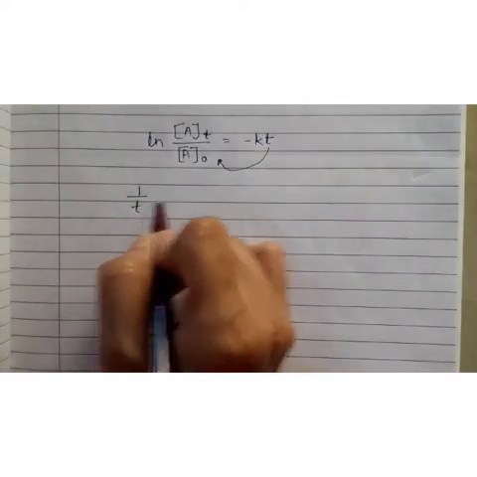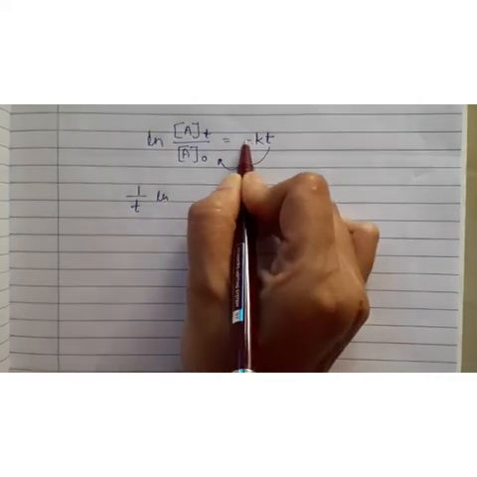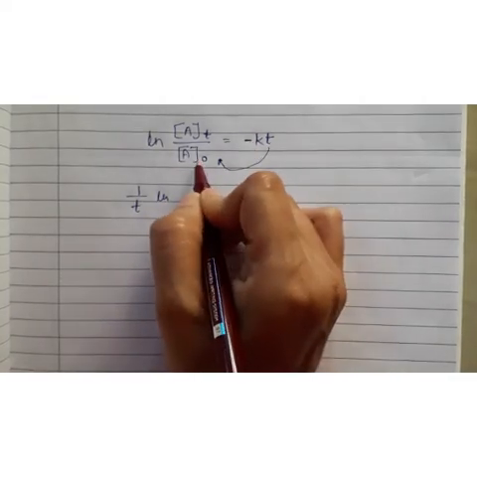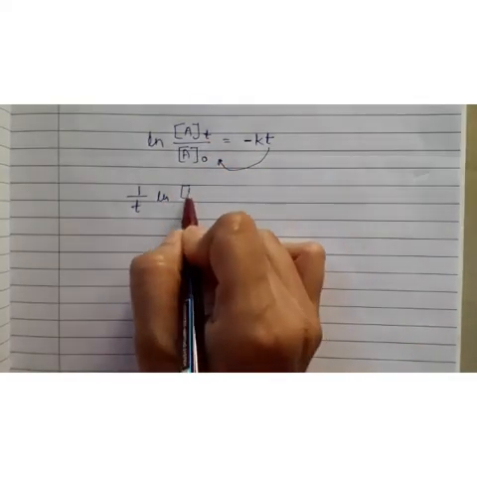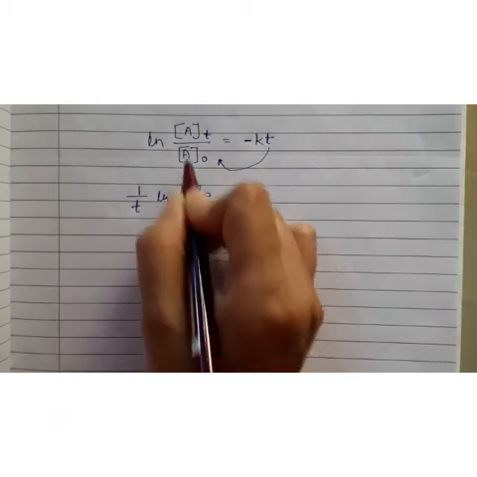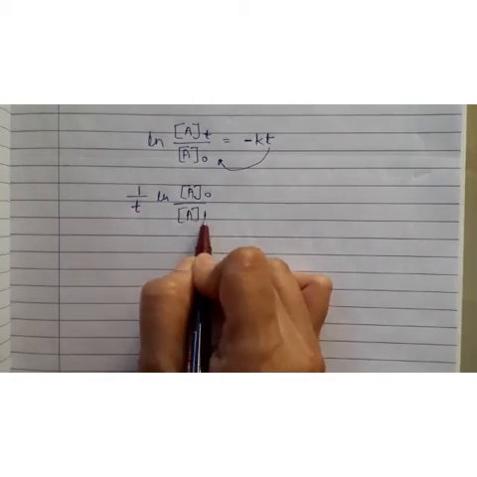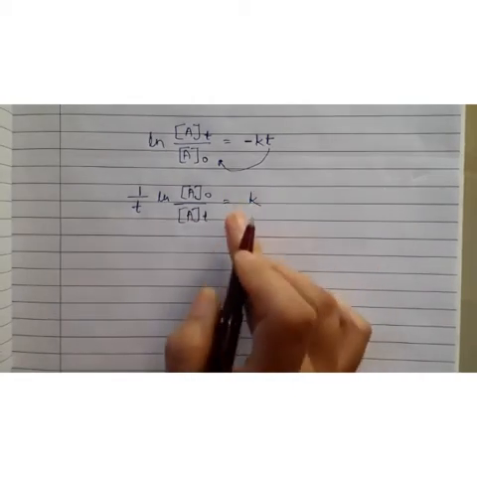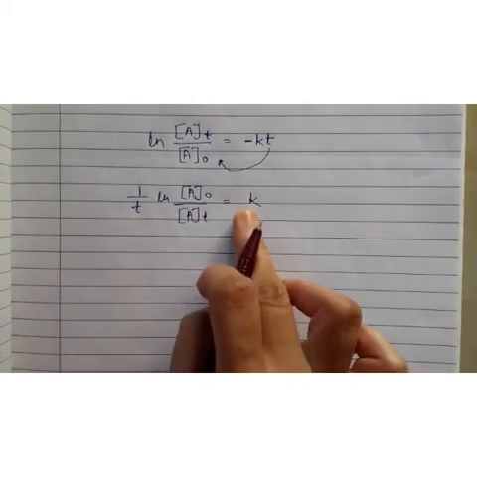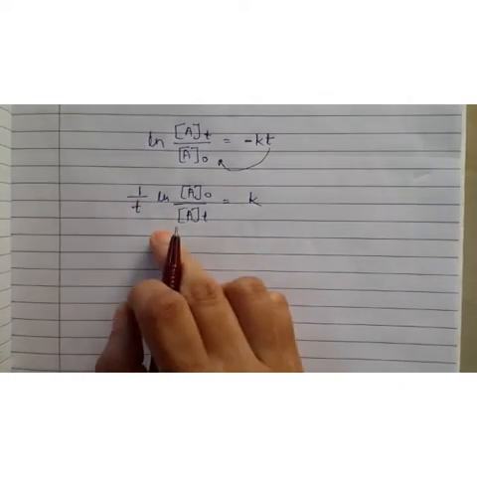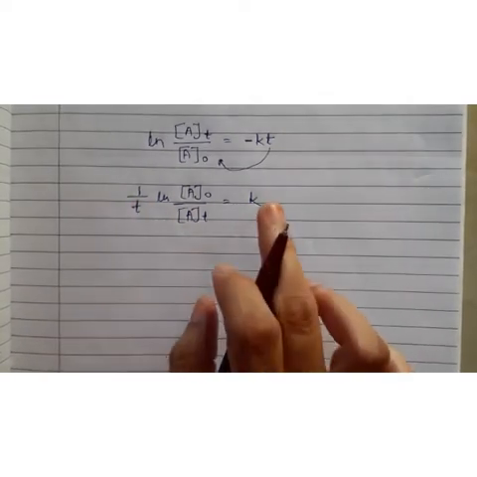So 1 upon t ln(A0 upon At) is equal to k. We have eliminated the negative sign also.